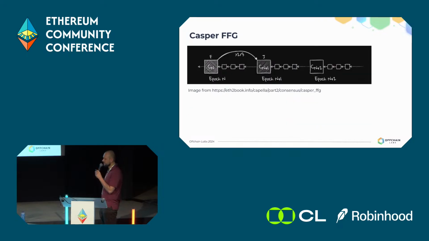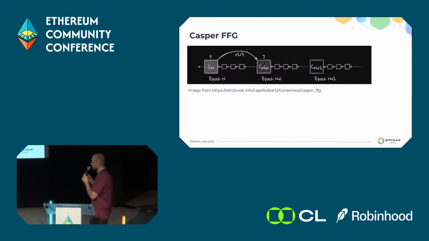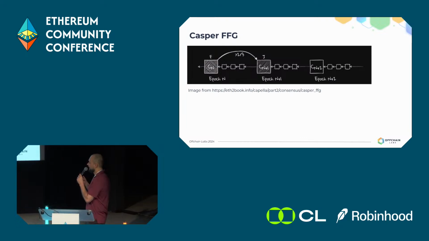And whenever you cast this FFG vote, a validator says that there's a pair of a source checkpoint and a target checkpoint. And a checkpoint can be in three states. It can be either finalized, justified, or neither finalized nor justified.